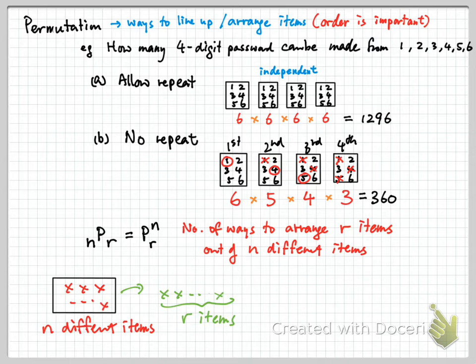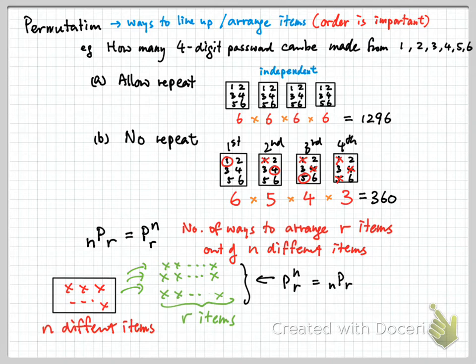What is the number of ways you can do such a lineup? And the number of ways to do that, we have a symbol to describe it, and that is NPR or NCR or NPR, like this. These are 2 different presentations, they are just the same.